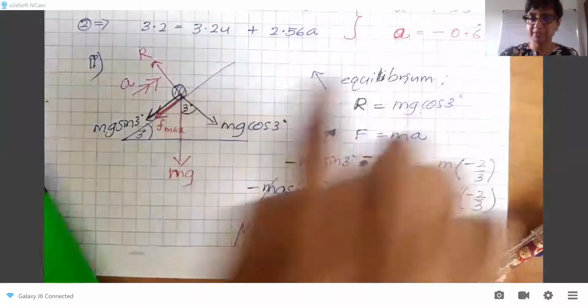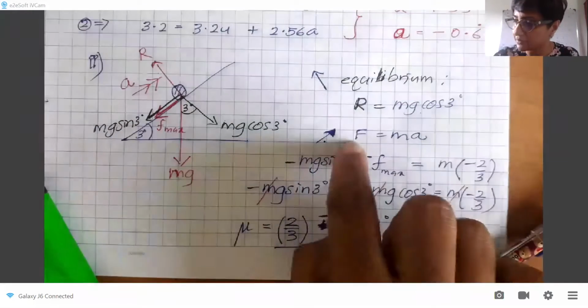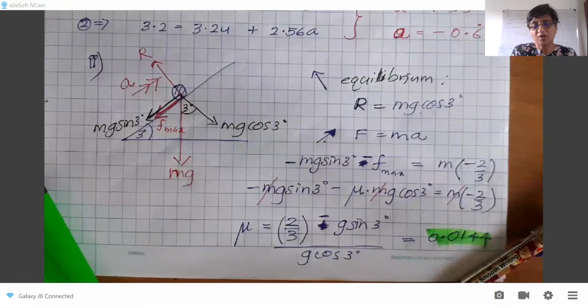Why did we apply vertical equilibrium? Why did we apply horizontally F equals ma? All those whys, you have to understand, because you have to be able to do it on your own. It's not just like you are watching me doing it and then you go, yeah. You have to understand it so that you would be able to do it by yourselves too.